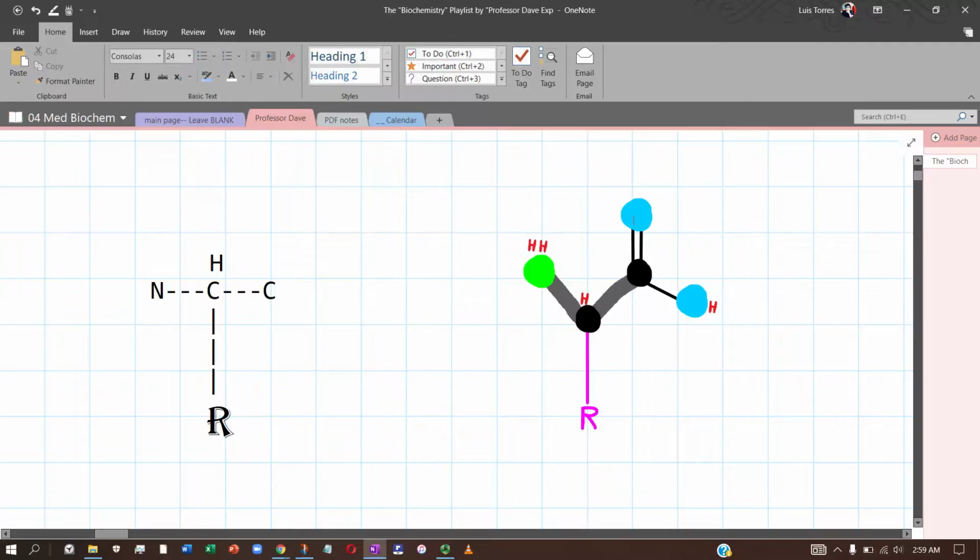Finally, here I've included these two oxygens, drawn in blue, to exemplify the fact that this is the C terminus, where the carboxylic group is located.